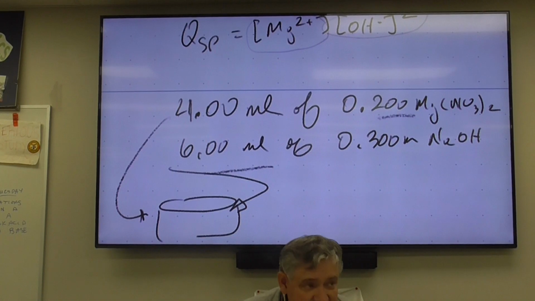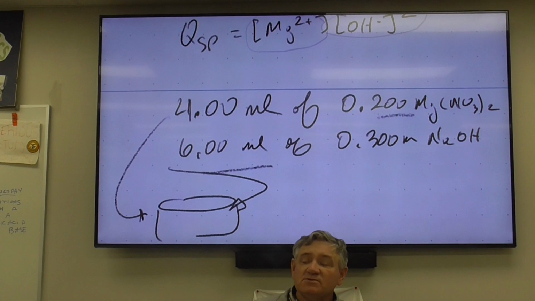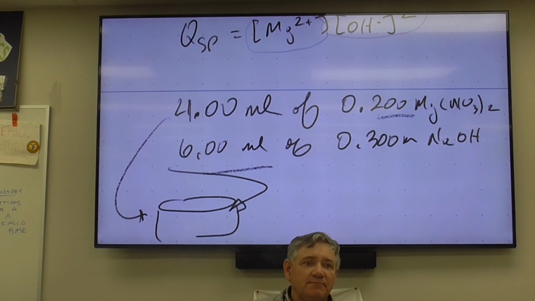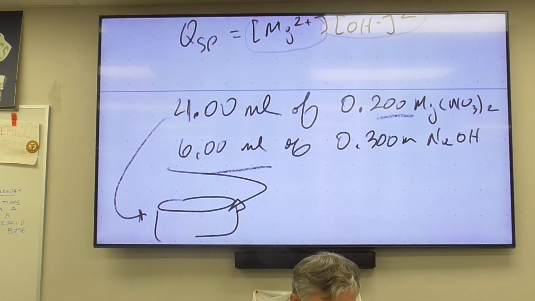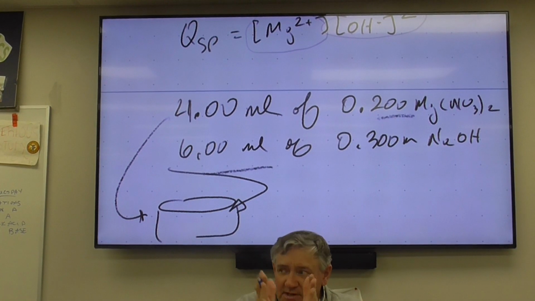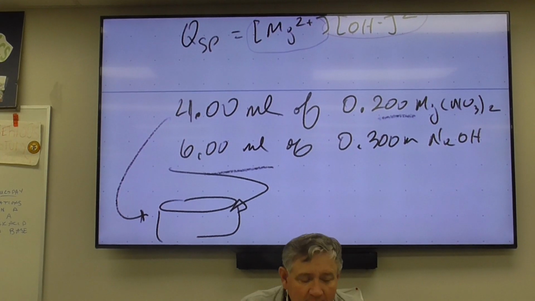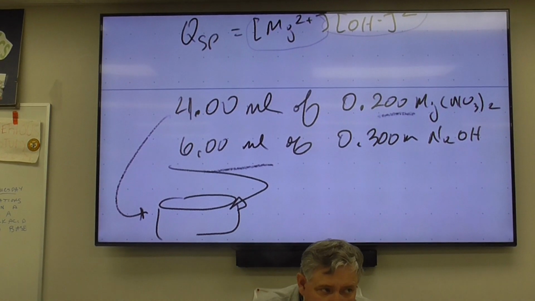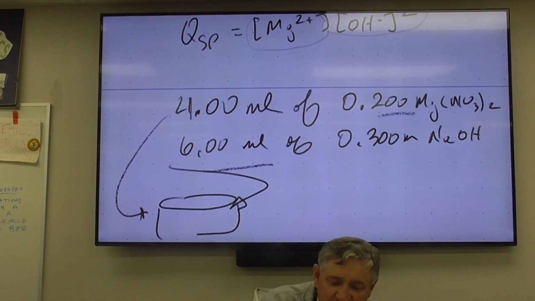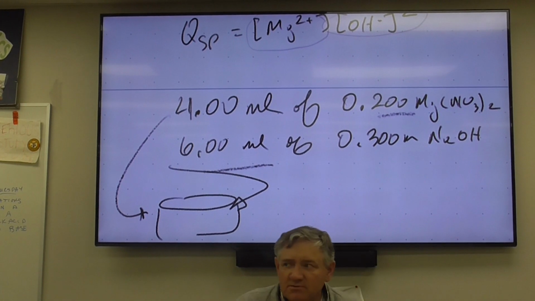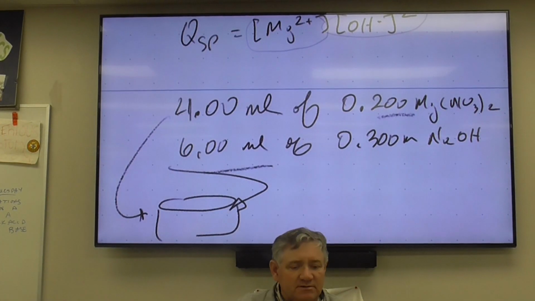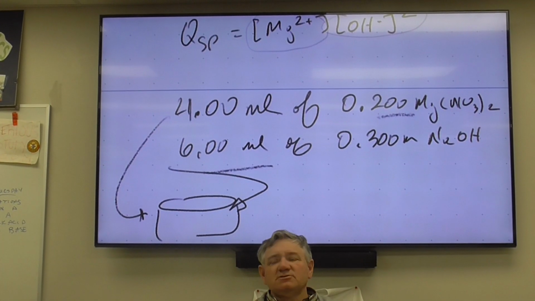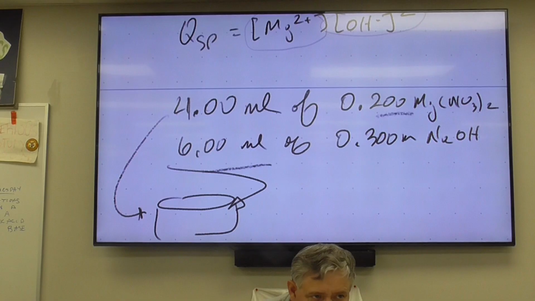Now, right away, let's start with the obvious. What's the total volume going to be? 10 milliliters. But I need the concentration after they've been mixed. Now, if I start with 0.2 molar solution of magnesium nitrate and I increase the volume to 10 milliliters, what's going to happen to the concentration of my magnesium ions?